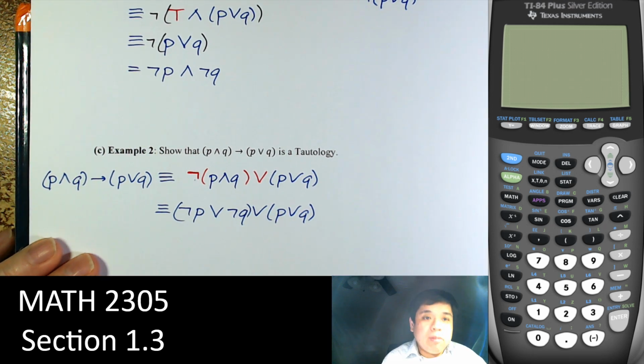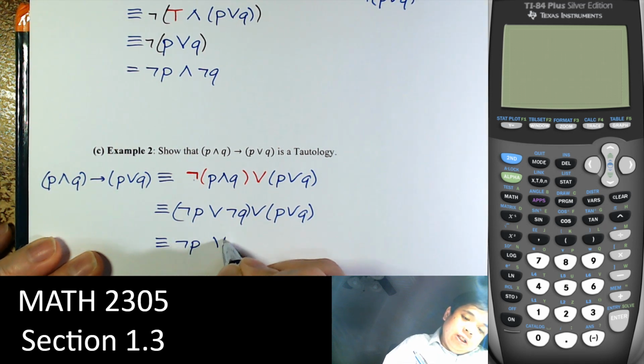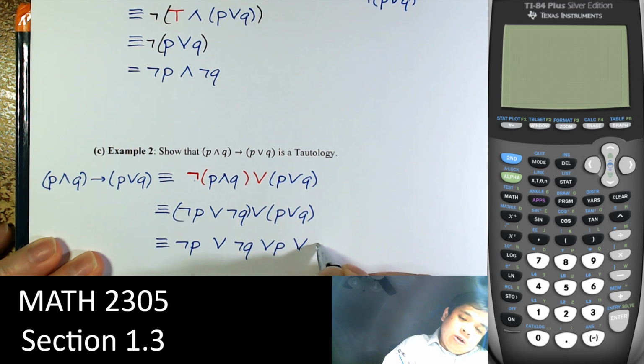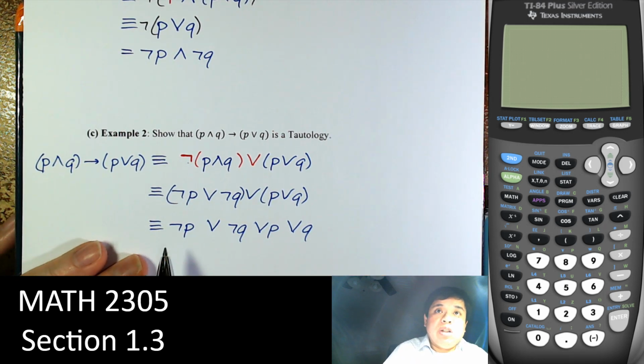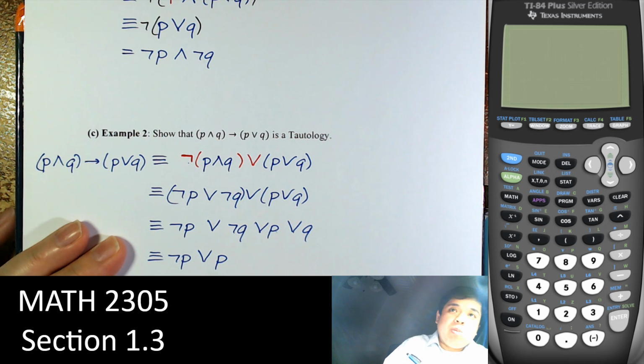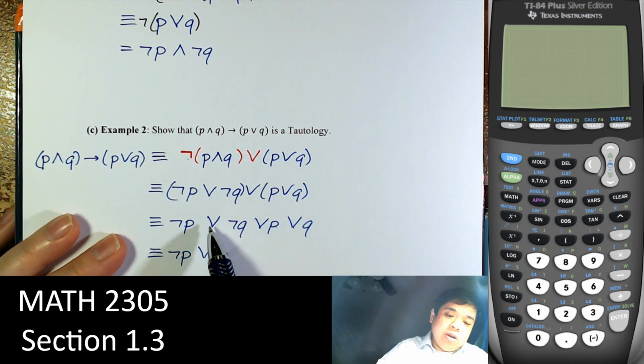Now, all of them are disjunctions, so we just say not P, not Q, P, or Q. Now we can just reshuffle, put the P and not P together. I mean associative and commutative properties. We just change the order because all of them are disjunctions. It doesn't matter what order we do it.